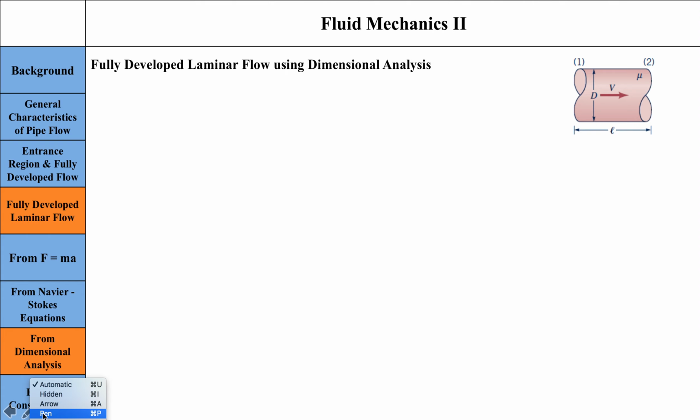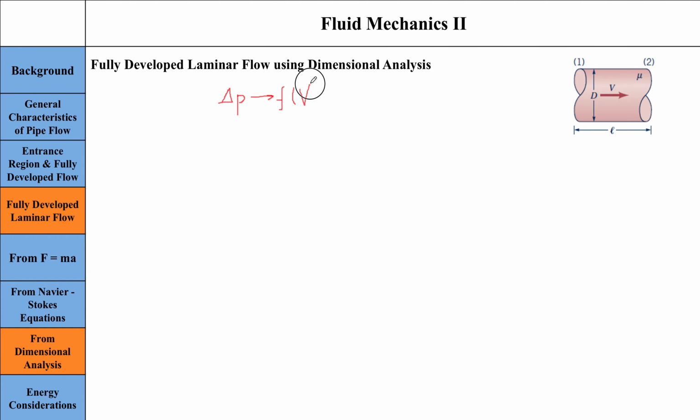So from a dimensional analysis point of view, for a fully developed laminar flow here, and for a constant diameter pipe, we can assume that the pressure drop across this pipe, across sections 1 and 2, can be a function of the average fluid velocity in the pipe.